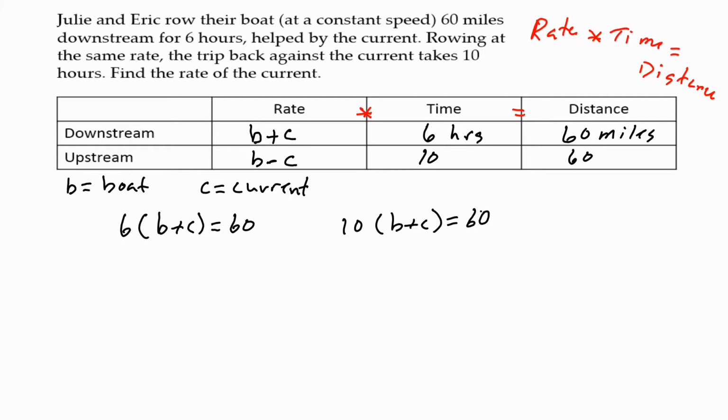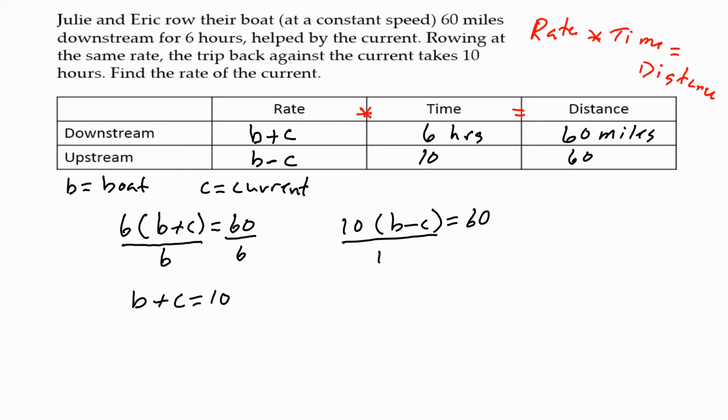Now I wrote these horizontally because we can actually do some simplifying. There's nothing preventing you from distributing the 6 times the B and the 6 times the C, and the same thing with the 10 times the B and the 10 times the C. But since the numbers work out nice, we can actually take the left side and divide both sides by 6, and that'll give us B plus C equals 10.